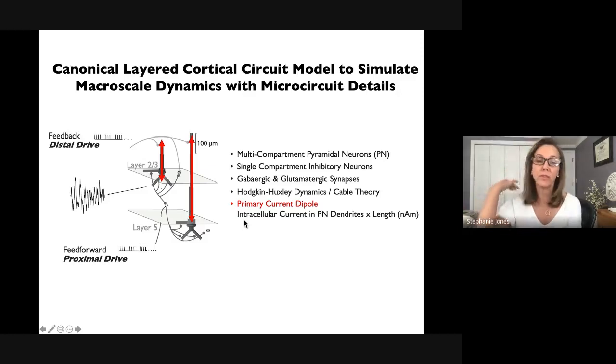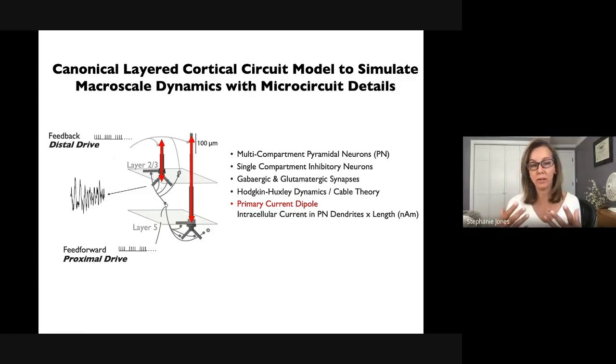We simulate the electrical activity in each compartment with Hodgkin-Huxley dynamics, which I'm sure you've been studying in this workshop. And then we get the intracellular current flow from cable theory, from Rall's equations, and this comes out naturally or automatically out of NEURON. Then we simulate the primary current dipole signal by just summing up this intracellular current flow across all of the populations of pyramidal neurons. And this is what we compare, again, to our source localized signal.